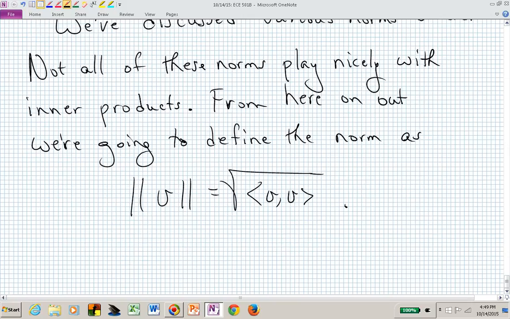So if I now have an inner product on a vector space, and I say the norm of a vector on that vector space, that's going to mean that I'm taking the positive square root of whatever I'm using as the inner product of that vector with itself, the positive square root.